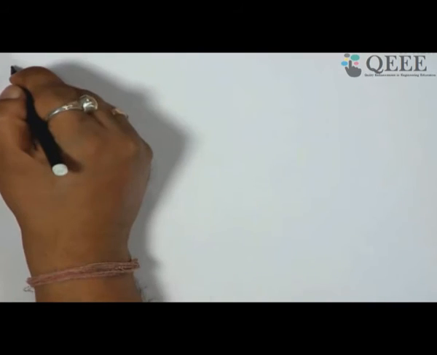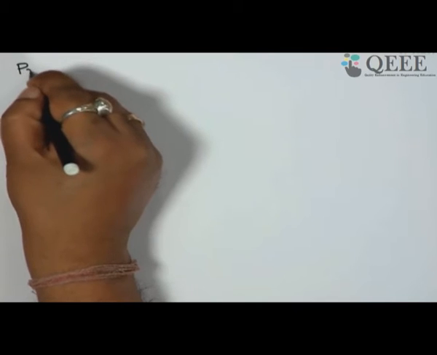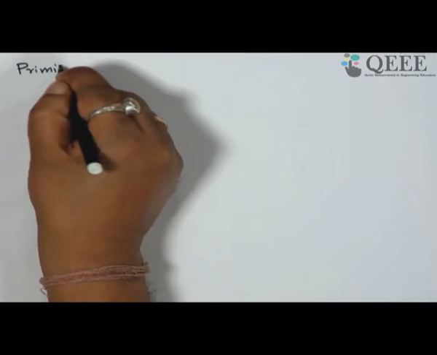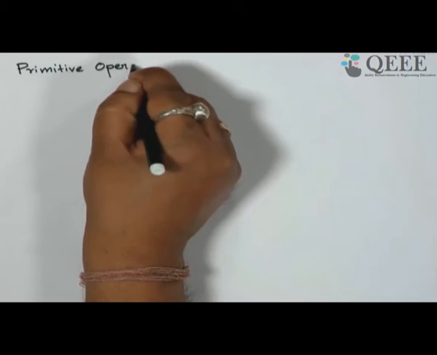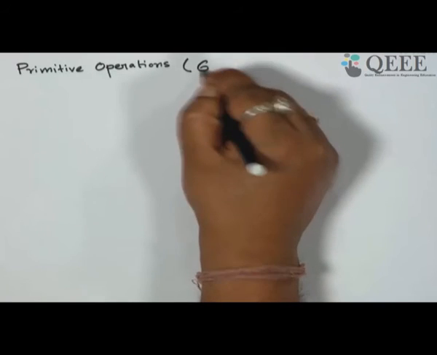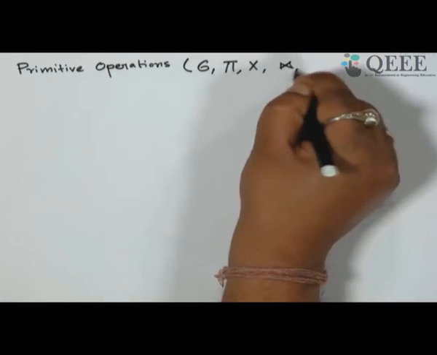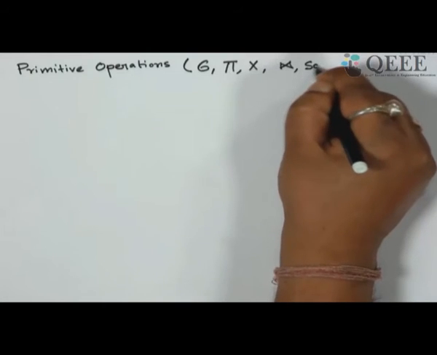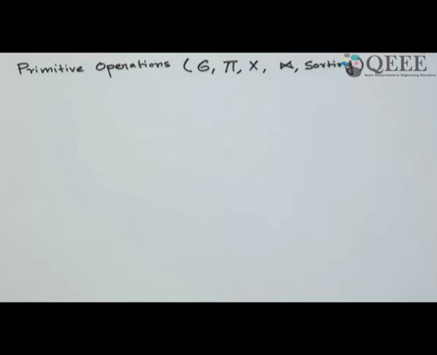Now let's go into details of the steps. Primitive operations I will call. How to have a basic algorithm.